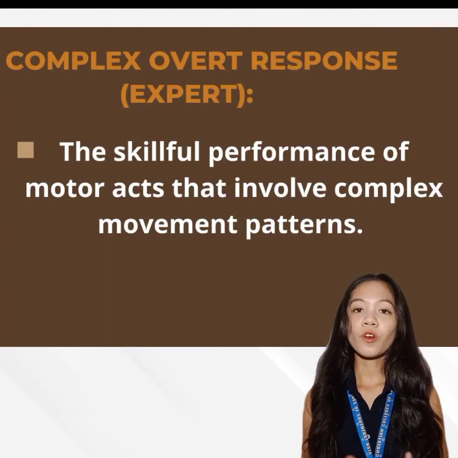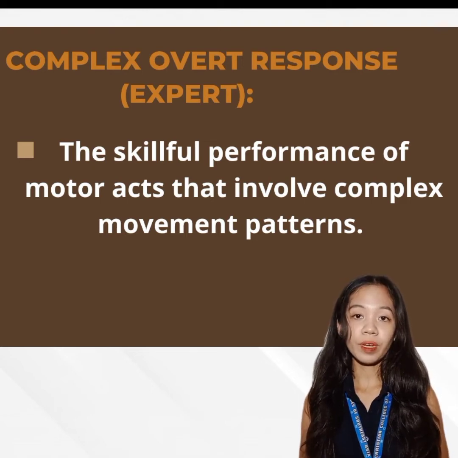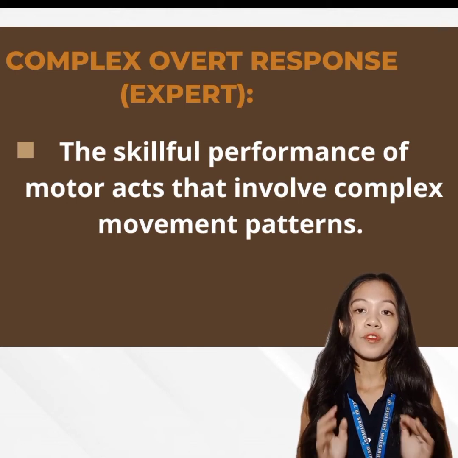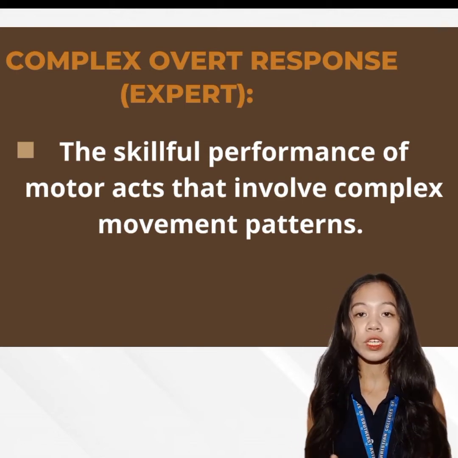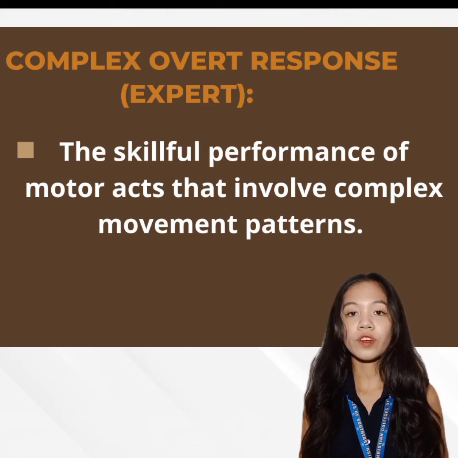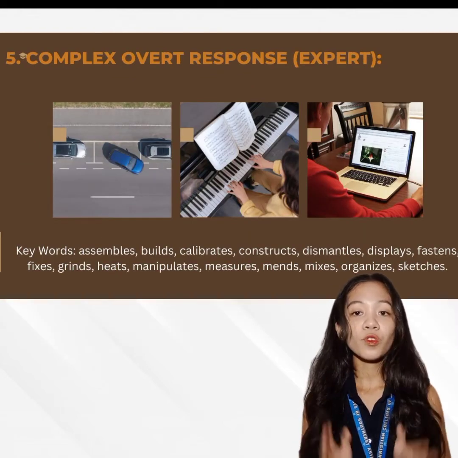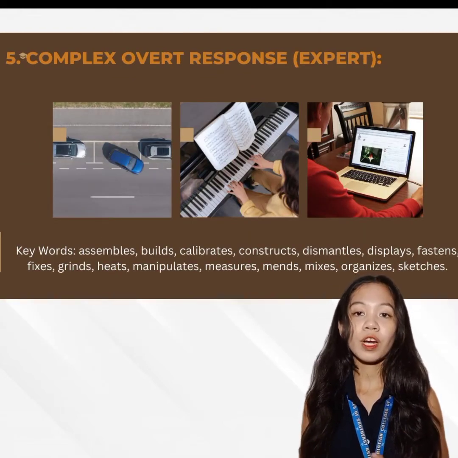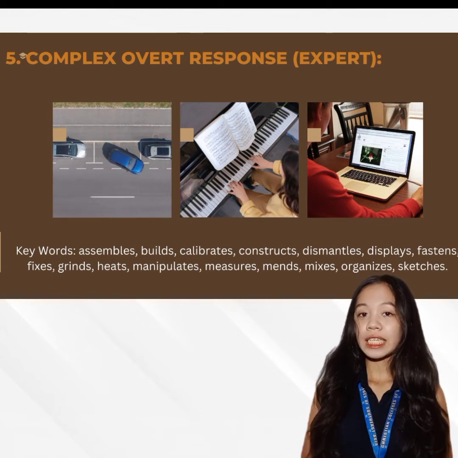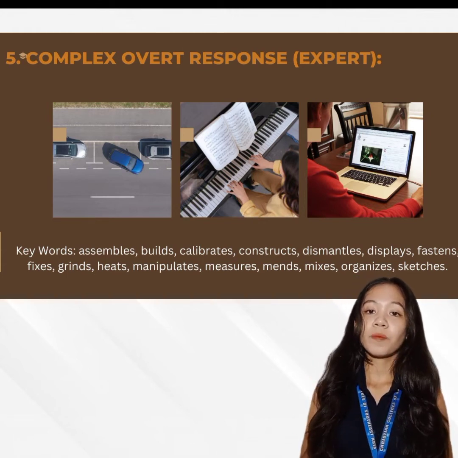Next is the complex overt response. It is the level of an expert. The skillful performance of motor acts that involve complex movement patterns. Proficiency is indicated by a quick, accurate, and highly coordinated performance requiring a minimum of energy. For examples, maneuvers a car into a tight parallel parking spot, operates a computer quickly and accurately, and displays competence while playing the piano.